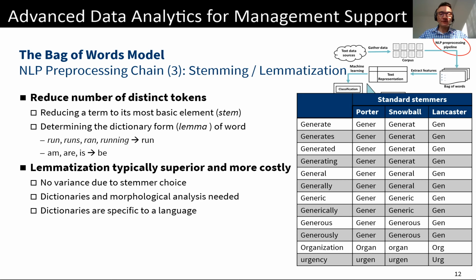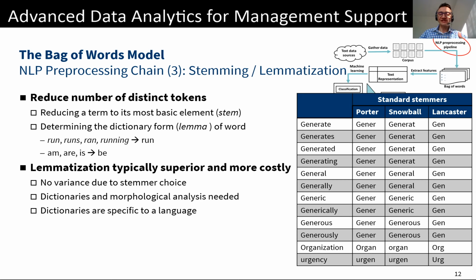Lancaster stemming would basically deliver the document term matrix with the smallest dimensionality, relatively, but maybe this way of stemming is too aggressive and you lose relevant information. Because all the words generate, but also generation, and also generic, using a Lancaster stemmer, they would all be mapped to the word gen.